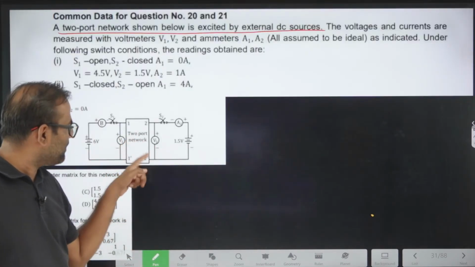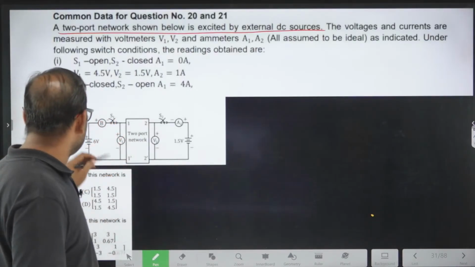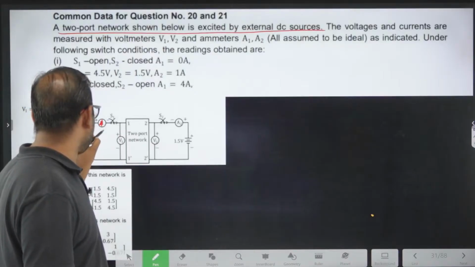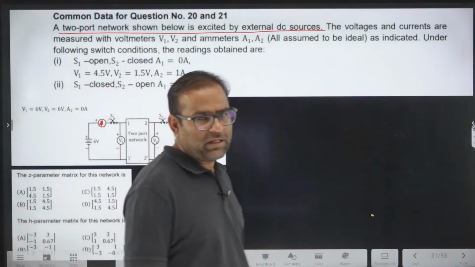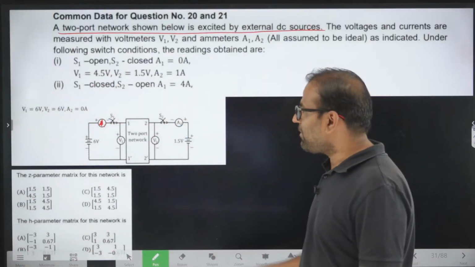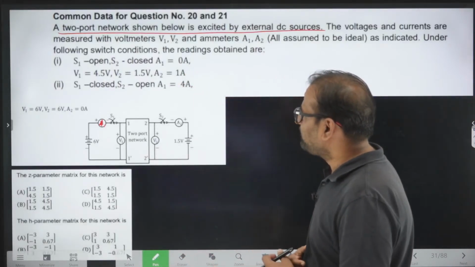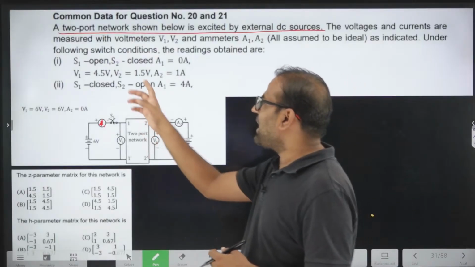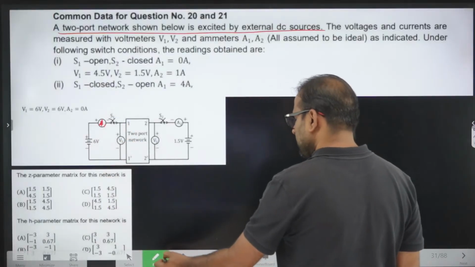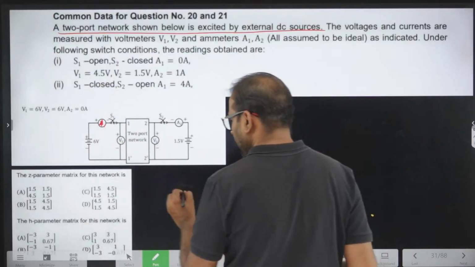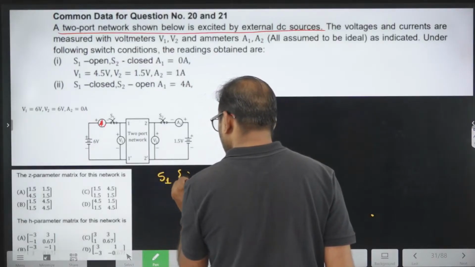The voltmeter is connected in parallel, and in series what is connected? A1 and A2, the readings of the two ammeters, are given. They have performed some operation here and given the result. They are saying that if switch S1 is open, what is the meaning of S1 open?